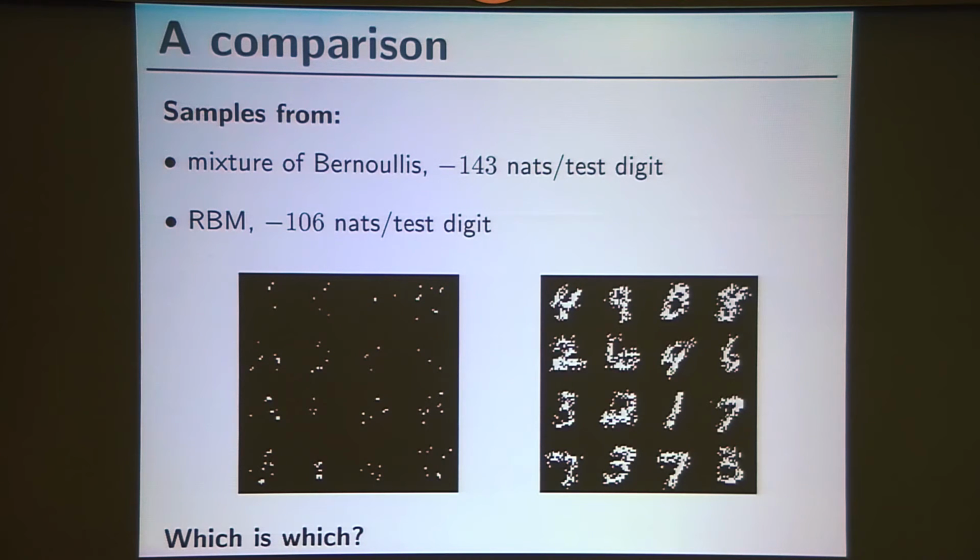Any model comparison measure that you'll find in the statistics literature will say that the RBM is obviously the better model than the mixture of Bernoullis. It doesn't matter how you penalize these likelihoods, the Boltzmann machine has much better probability. So the question is, which way round are these fantasies? I know someone will know. So what's the one on the left?